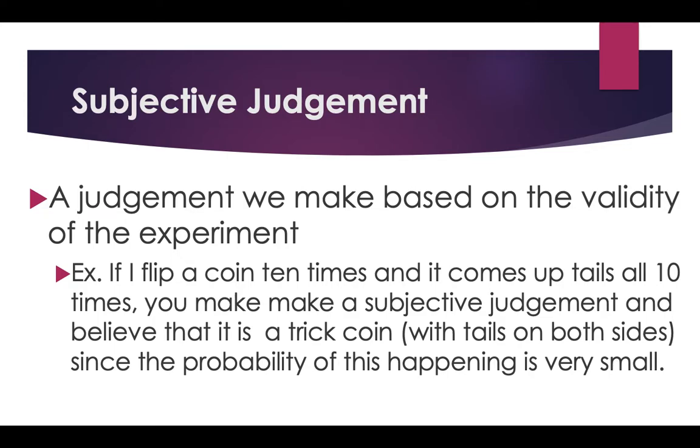Has this been weighted differently so that it lands on tails all the time? And then if you did the experiment up to 100 times or up to 1,000, and you notice that same pattern, well, then your subjective judgment would probably be correct, and there isn't actually an even chance of both sides. But with a small set of data, with only 10 flips, it's not always very accurate to make those subjective judgments.